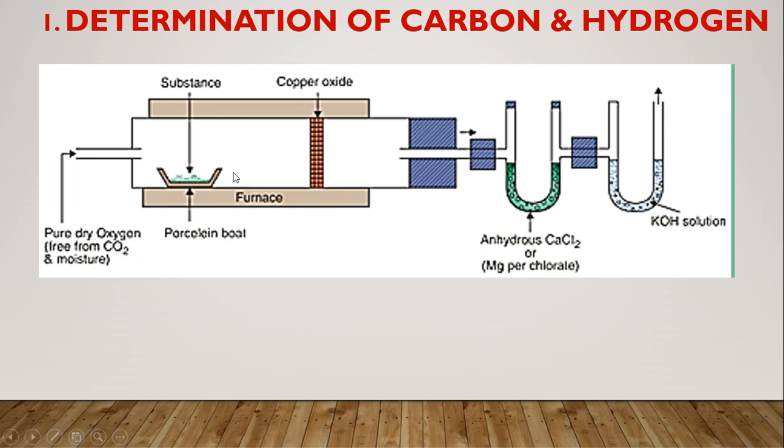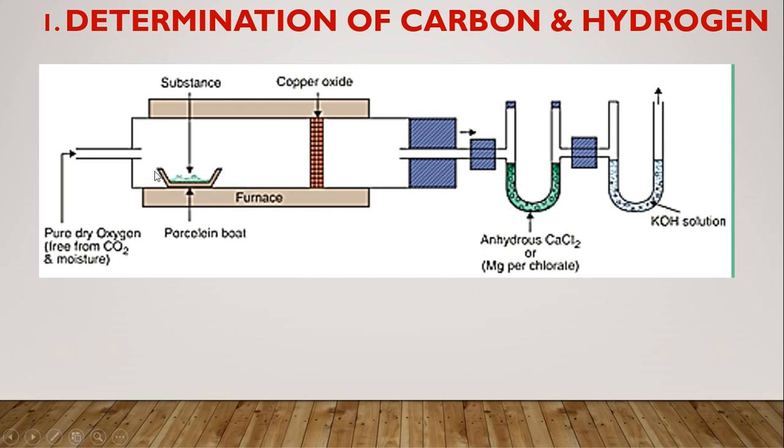To the end of this furnace, two U-shaped tubes are attached. The first U-shaped tube is filled with anhydrous calcium chloride, which has the property of capturing moisture.